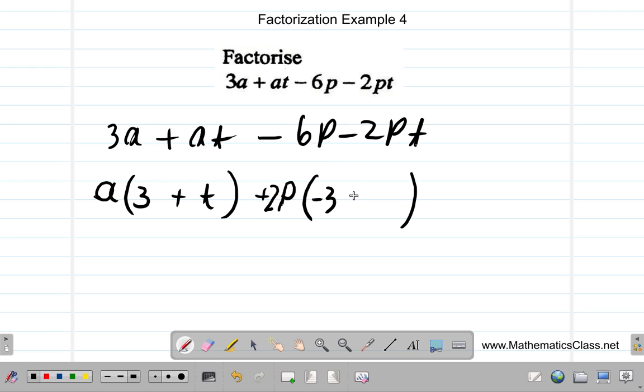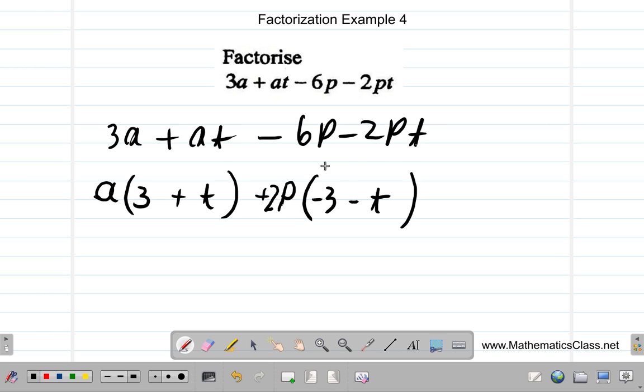And then 2p times this will give you negative t. 2p times negative t will give you negative 2pt.